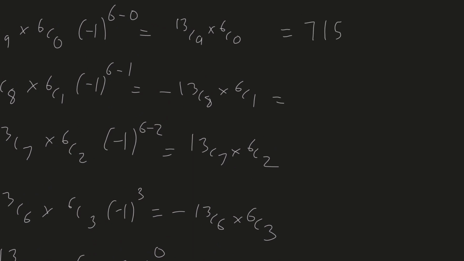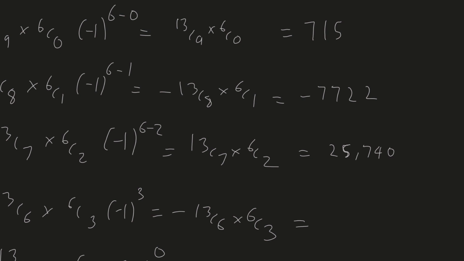The second one is equal to minus 13 choose 8 times 6 choose 1, which is equal to minus 7,722. The next one is 13 choose 7 times 6 choose 2, which is equal to, oh wow, 25,740.